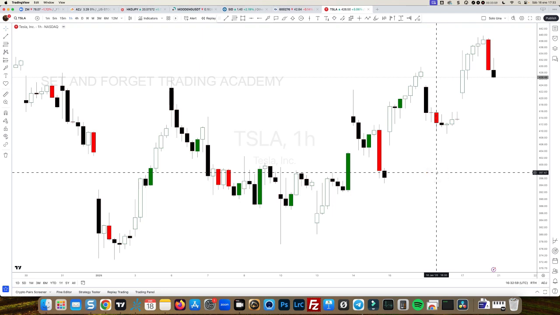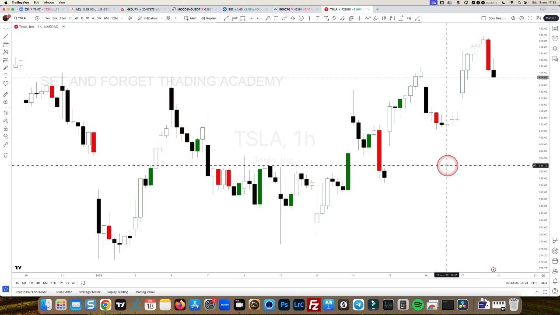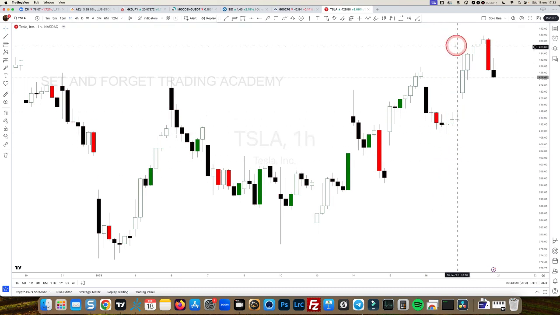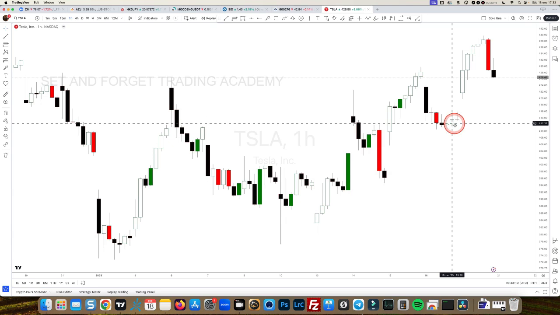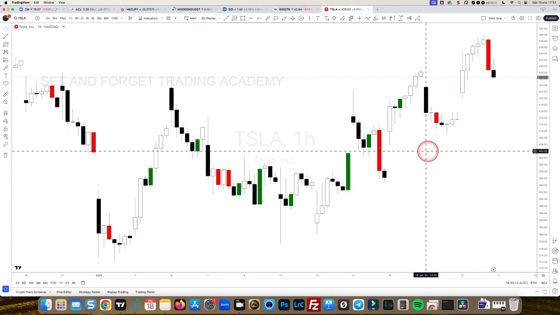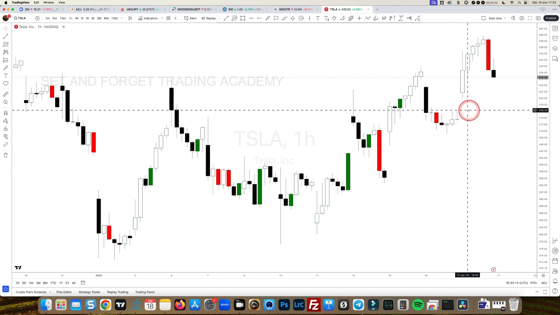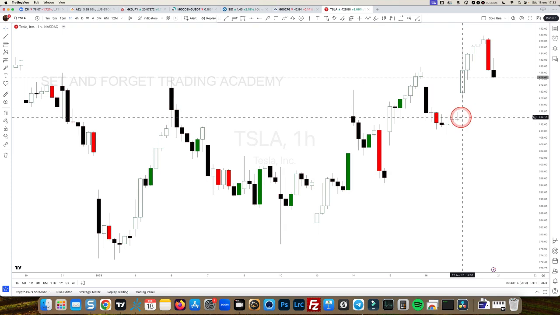The market is open only for 8 hours, more or less. So on the 1 hour, we'll see like 7, 8 candles printed depending on the market, because that's the time the market is opened.